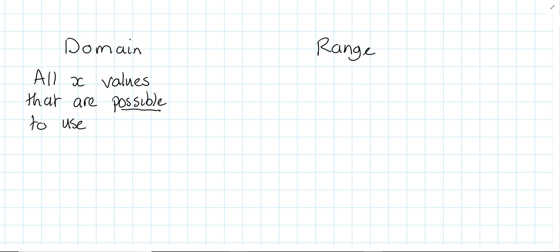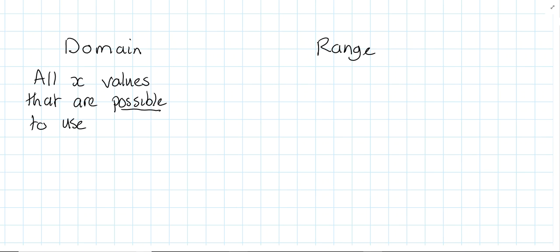Some functions you can't. Can you already think of any function where you can't use a specific number? You can't do negative in the logarithm. There you go. So you remember you couldn't put a negative in. If I do the logarithmic function, I can't find log to the base 2 of negative. So if I have log to the base 2 of x as a function, I can't use negative values. So there is a limit.